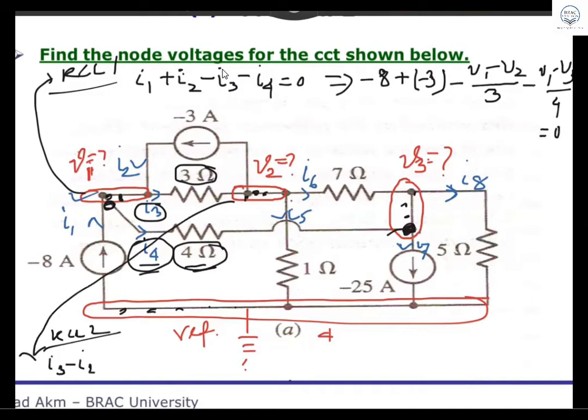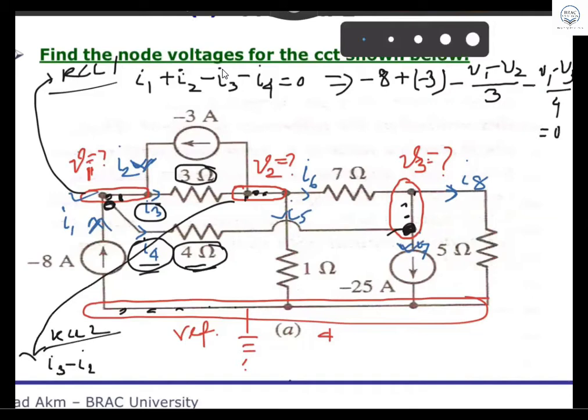I2 is going in this direction. I3 is there. I4 is this, this is I1. All of you got it actually. It's just a little movement of the slide. Now, any question can ask.